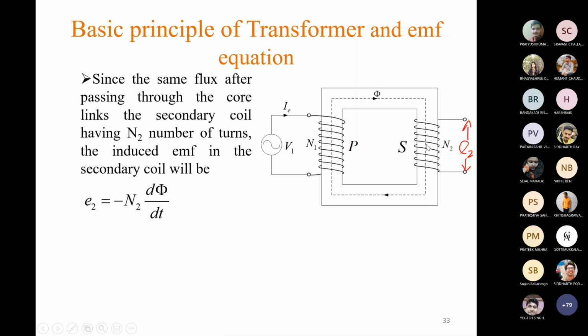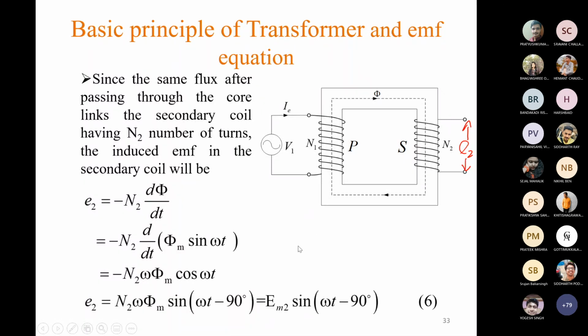Okay. So after putting the value of phi and differentiating with respect to t, we will get this expression E2 equals minus N2 omega phi m cos omega t, and if we express this cos omega t in terms of sine, then we get this expression. Here EM2 is the maximum value of the secondary induced EMF, which is equal to N2 omega phi m.